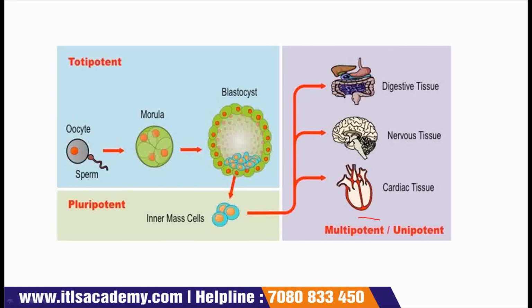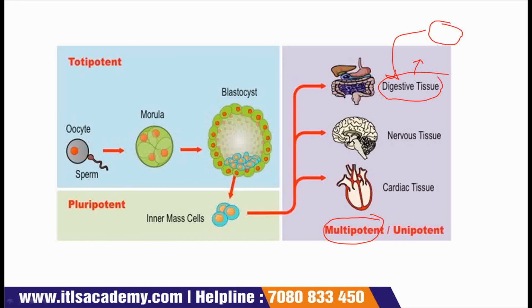Next come multipotent cells. Multipotent cells are the kind of cells that can give rise to a variety of cells. As this is digestive tissue, it can give rise to all the organs, cells or tissues related to the digestive system. But it will form only organs that are related to this particular system.